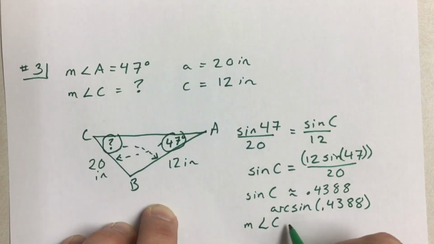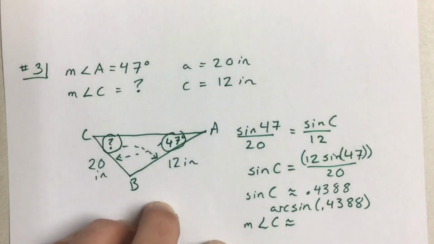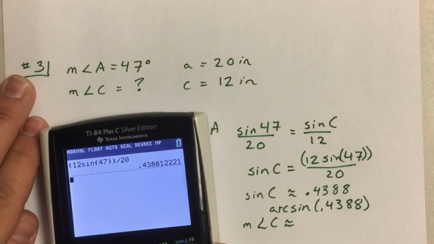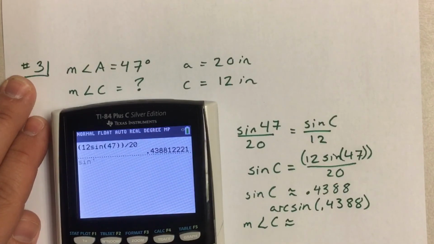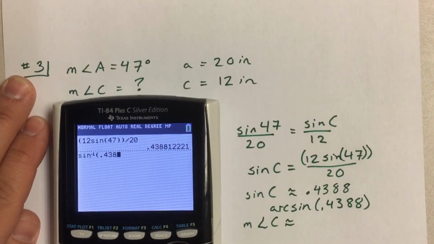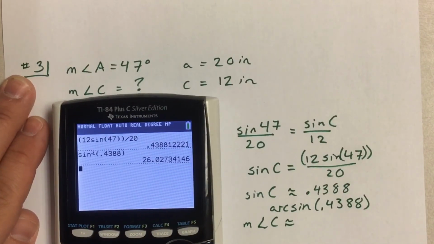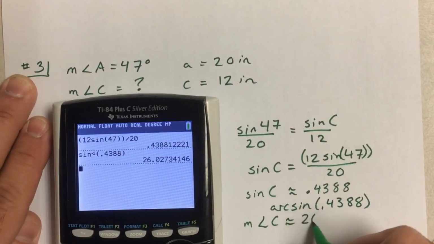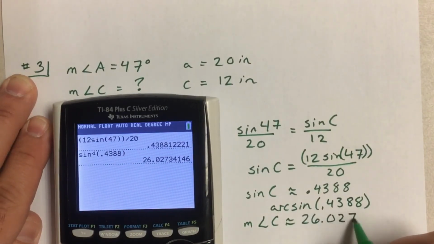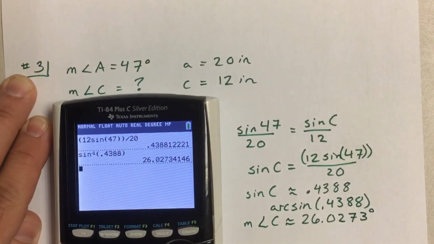So the measure of angle C is approximately, using our arc sine feature, so second sine of 0.4388, and we get an angle measure of 26.0273 degrees.